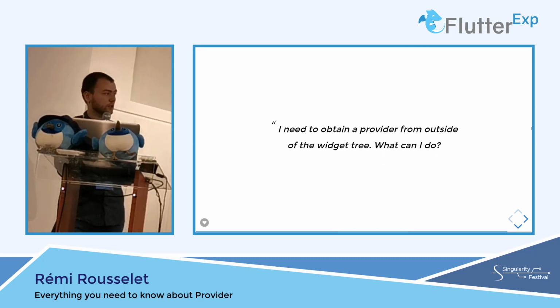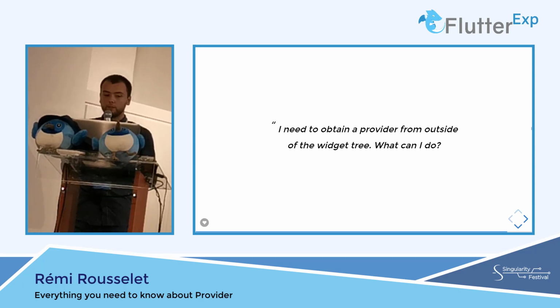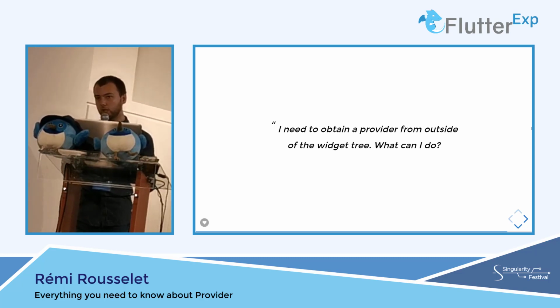And another question that comes up quite often is, for example, you have your model and you want to obtain a variable inside your model that comes from provider. So you may want to call provider.of context, but you don't have a build context object inside your model.